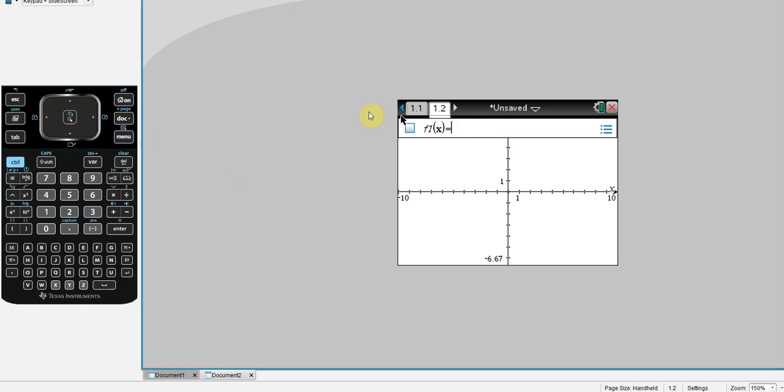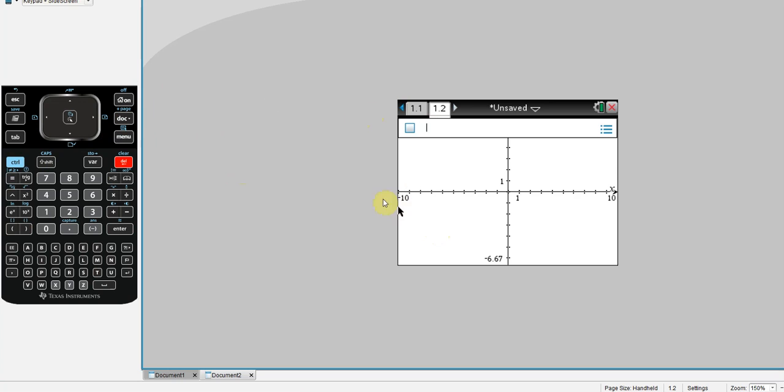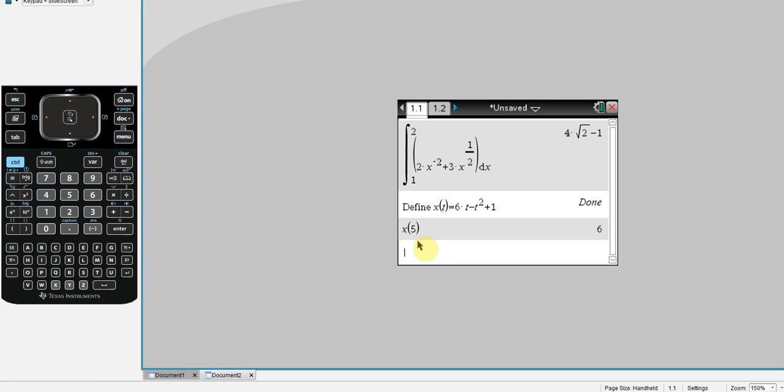Graphs. Okay, let's pause that. You probably can't have X as the thing that we've called it.